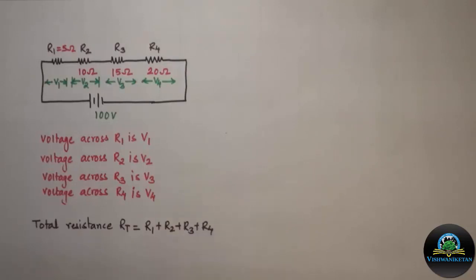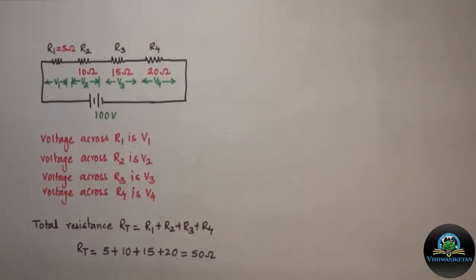Now if you substitute values of R1, R2, R3 and R4, we will get RT as 5 plus 10 plus 15 plus 20. R1 is 5 ohm, R2 is 10 ohm, R3 is 15 ohm and R4 is 20 ohm. So the value of total resistance RT is 50 ohm.